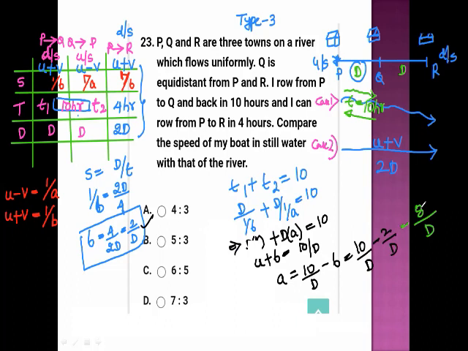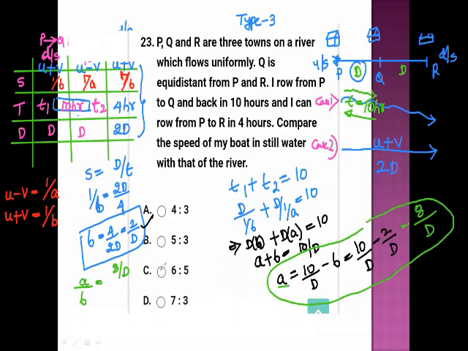Is it not? Yes. So next what I will do is take the ratio of these two. You have got a and b, so you take simply a by b. What is a? a is equal to 8 by d, which you just found out. And b is equal to 2 by d.